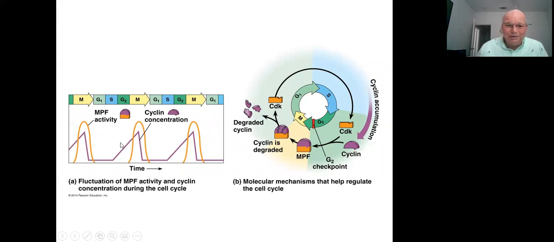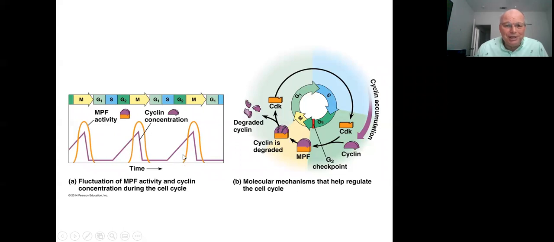It's a little bit more complicated than that, because as you take a closer look at the concentration of cyclin, what you notice is that it actually starts to be produced back around the middle towards the end of S, but MPF activity doesn't begin until the end of G2, beginning of mitosis.